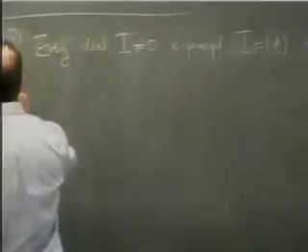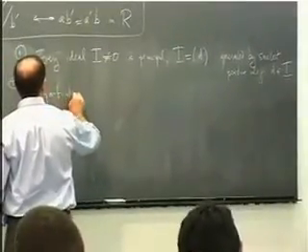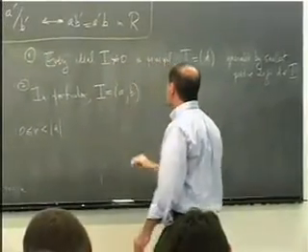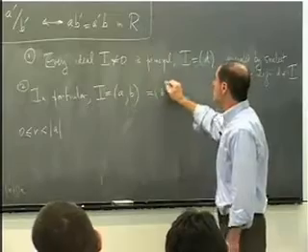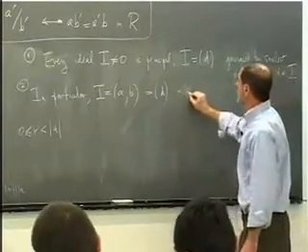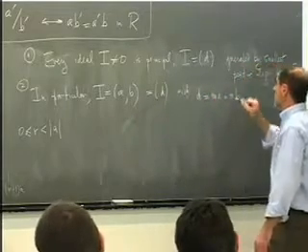Second thing from that, which was quick, in particular, ideals generated by two elements are principal. The ideal I that's generated by two numbers a and b is a principal ideal, (d), with d equal to ma plus nb.